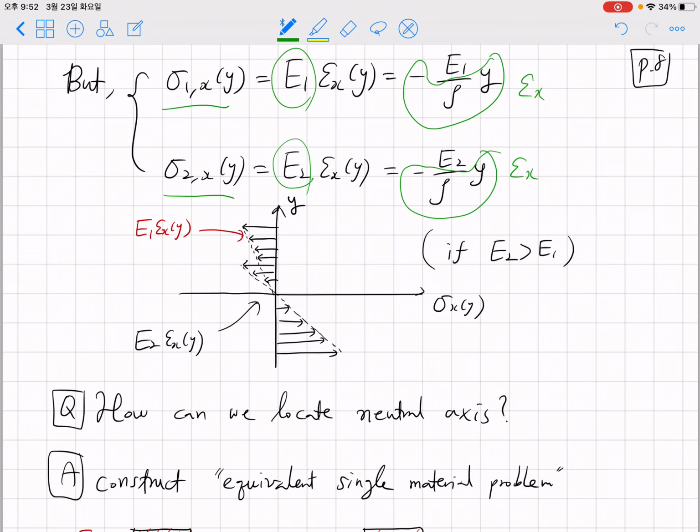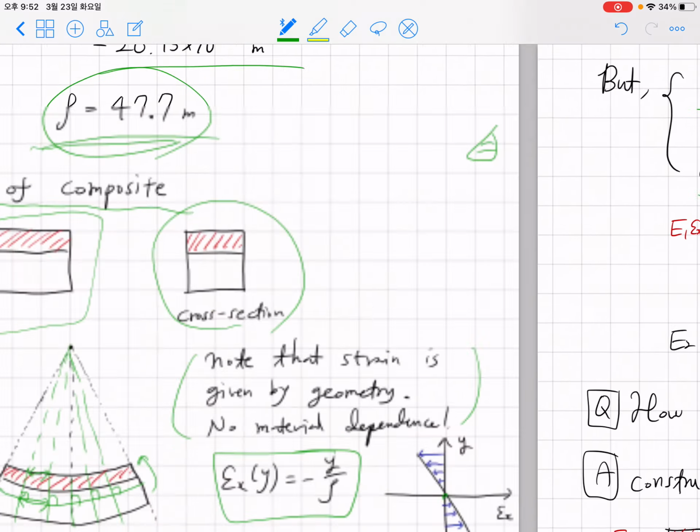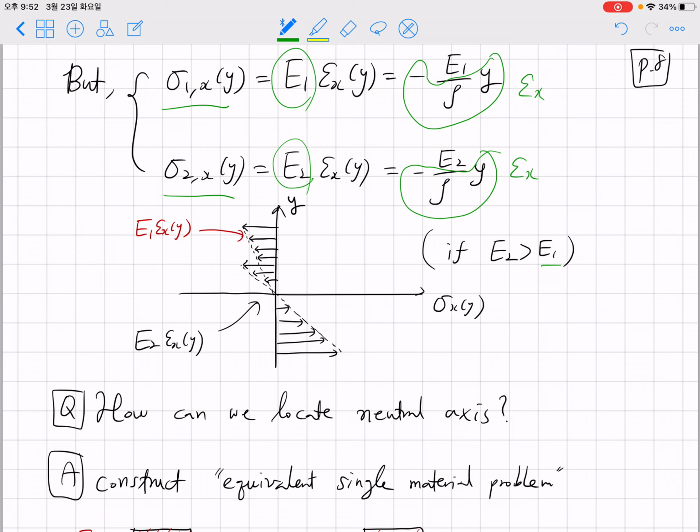Suppose that for our example on the previous page, we have two different moduli, E1 and E2, and suppose that E1 is smaller than E2. You can see that in the region of E2, we have this linear relationship, and in the region of E1 with the red material, we have the multiplicative factor of E1. So we have this interesting distribution of normal stress.